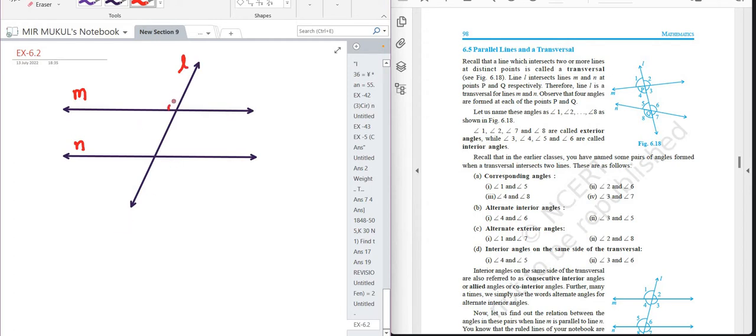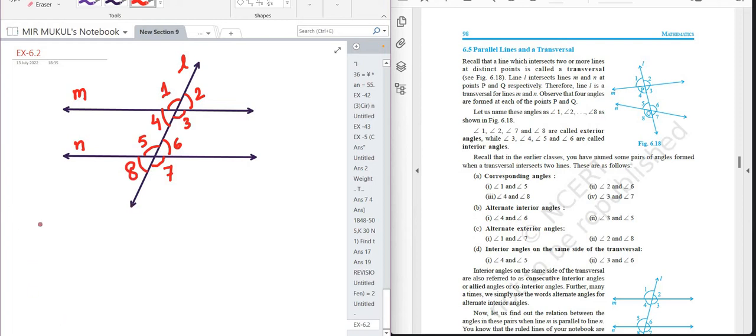So if this angle we'll consider as angle 1, this angle as angle 2, this angle is angle 3, this angle as angle 4, this angle 5, this angle 6, and this is angle 7, and this is angle 8.